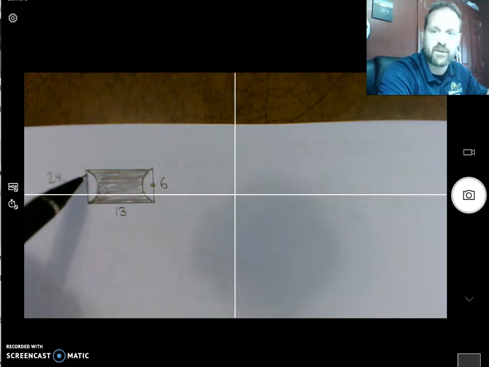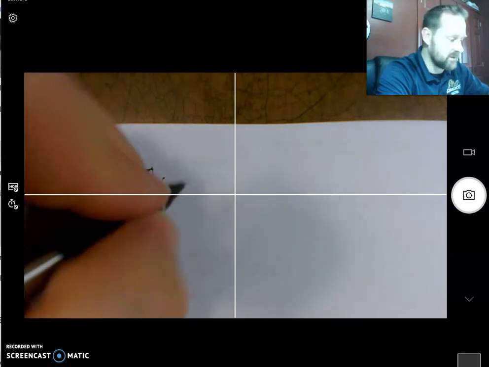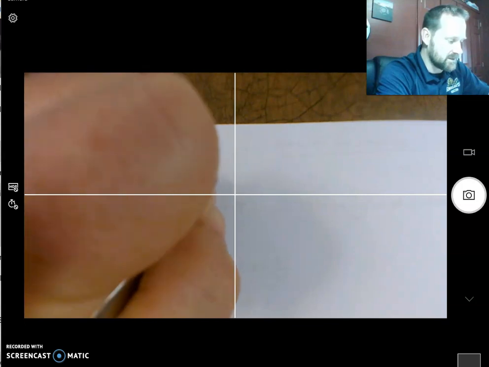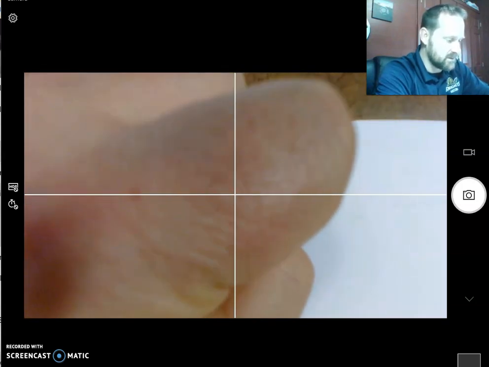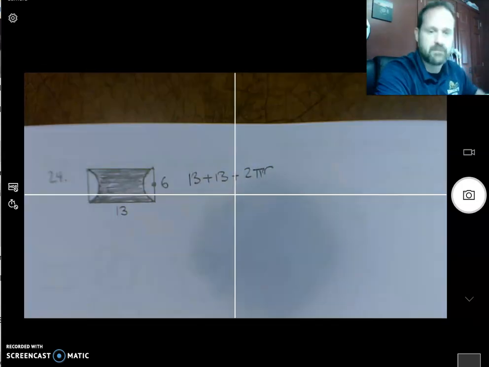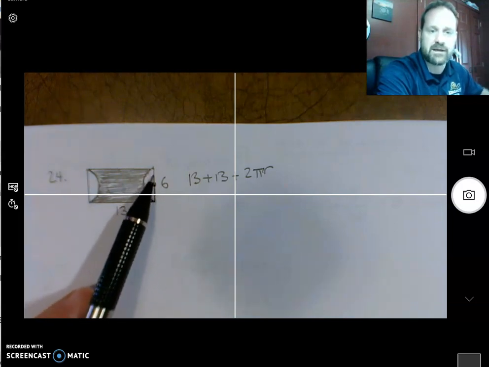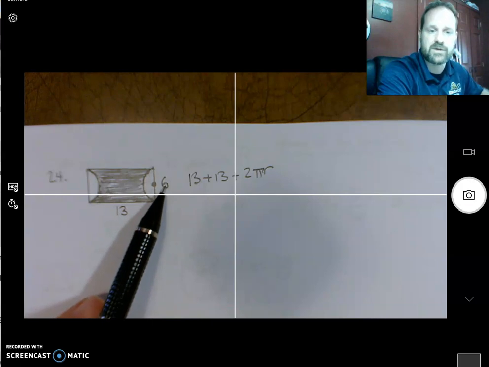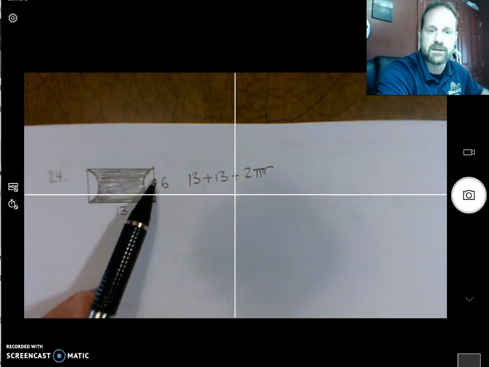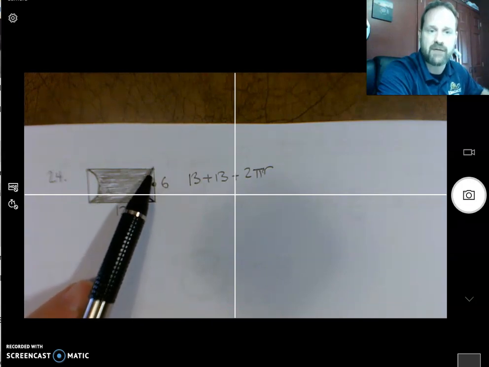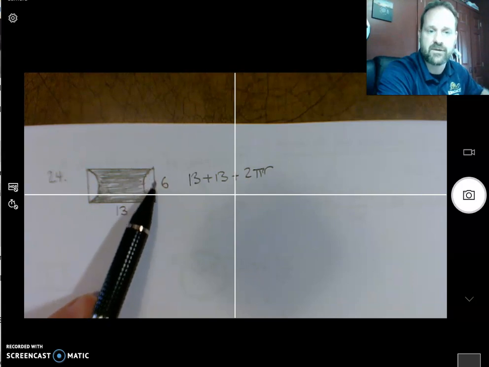So we know that we can use the formula for circumference. This is going to be 13 plus 13 plus 2 pi r. When it's written like that, the 6 refers to the whole diameter, so we now need to find the radius. The radius is half the distance, so that's 3.